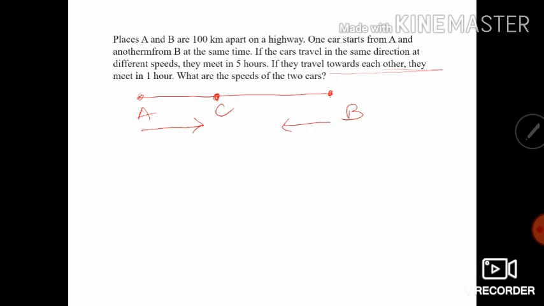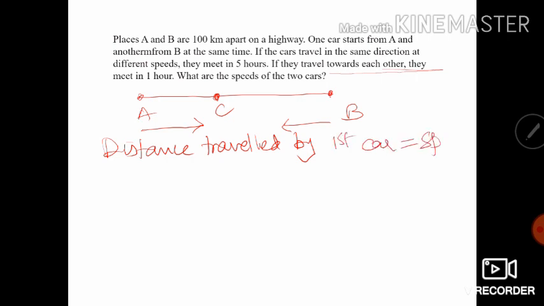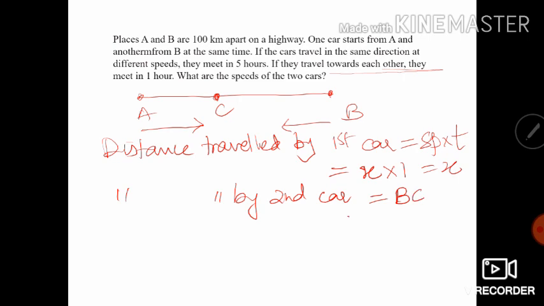So again we will find out the distance travelled by each car. It will be equal to speed into time. The speed is x and the time taken is 1, so that is x. Similarly, the distance travelled by the second car is BC, and that is equal to again speed into time.